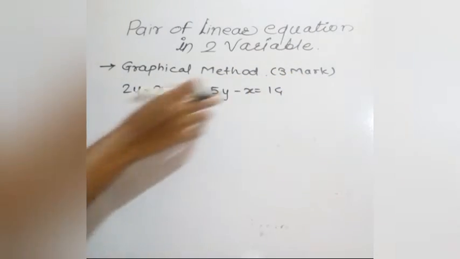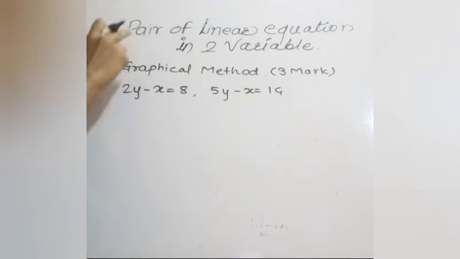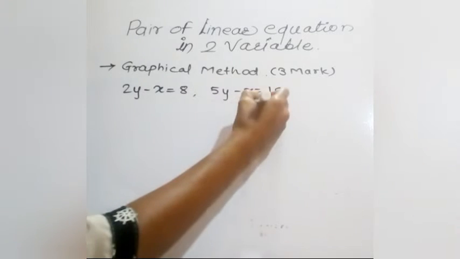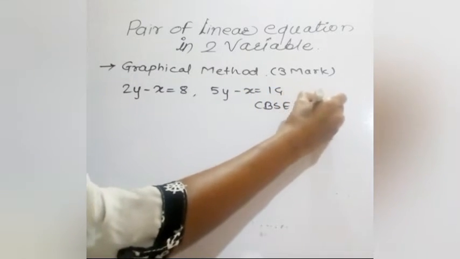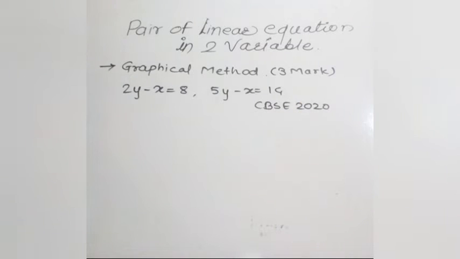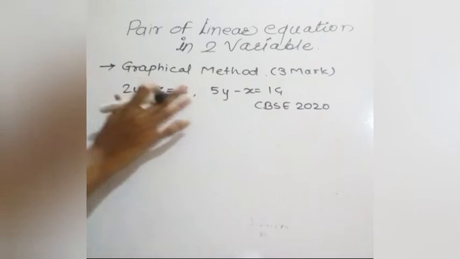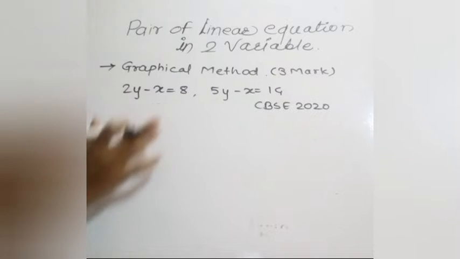So these are the two linear equations, because we are discussing pair of linear equations. And we have to solve these equations, find the solution and plot the graph. This question was asked in CBSE 2020 standard for 3 marks. So let's solve this question.